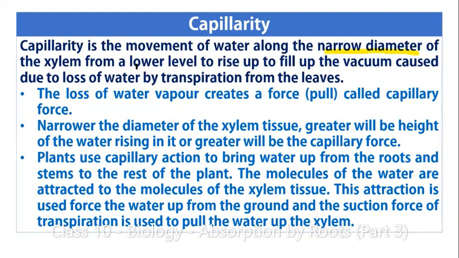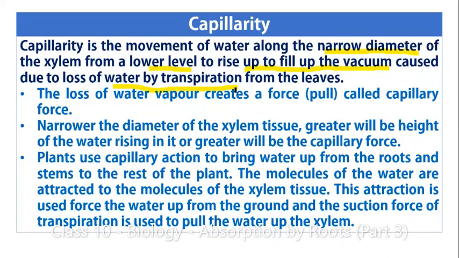Because of this narrowness, the very small, thin diameter of the xylem vessels, they help in the movement of water from a lower level so that it can rise up to fill up the vacuum caused due to the loss of water by transpiration from the leaves. So as the water is generally lost from the leaves, that creates a partial vacuum in the xylem vessels.